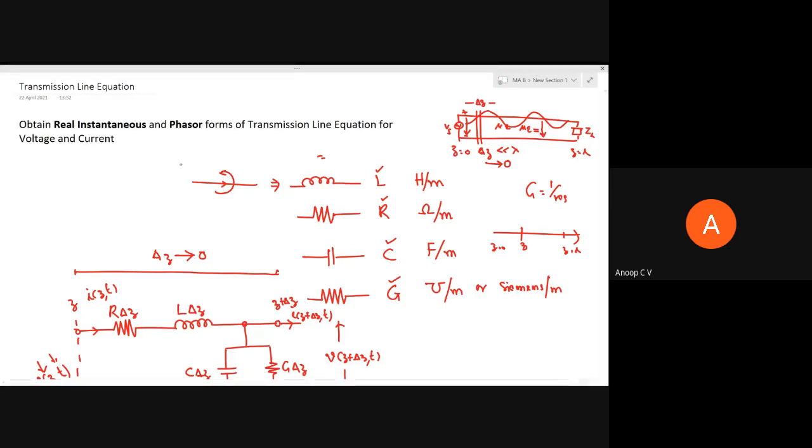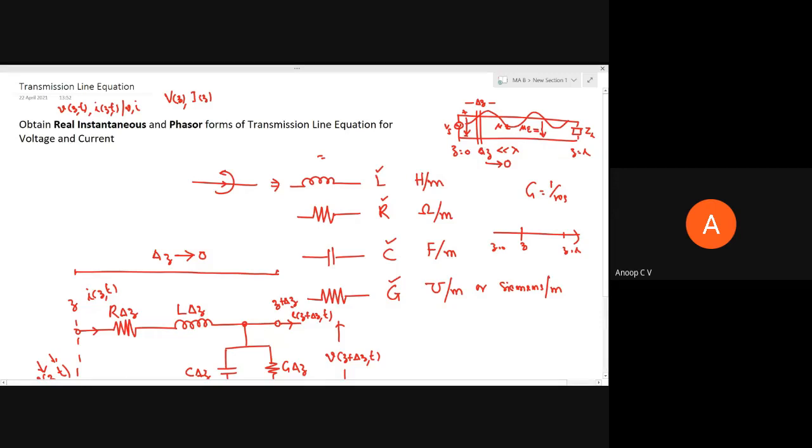Real instantaneous means the quantity will be real and will be a function of z and t, space and time. I'll represent real instantaneous values using small v of z comma t and small i of z comma t, whereas phasors I'll represent as V of z and I of z. A phasor won't be a function of time.